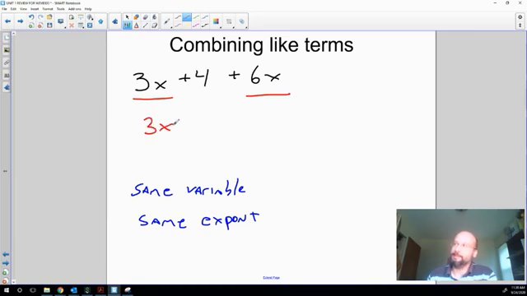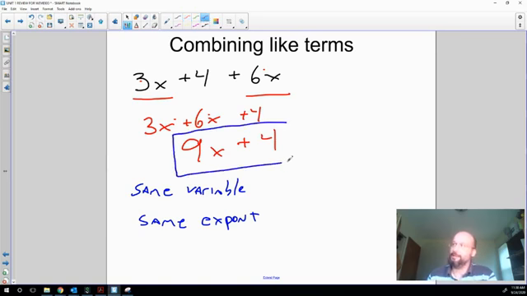So that would be 3x plus 6x plus 4. So I'm going to combine these two, and I get 9x, because 3x plus 6x is 9x. And then the plus 4 just comes down. There's nothing to combine with that, and it doesn't go away. It just comes down. And this is your final answer, because I cannot combine these two numbers.